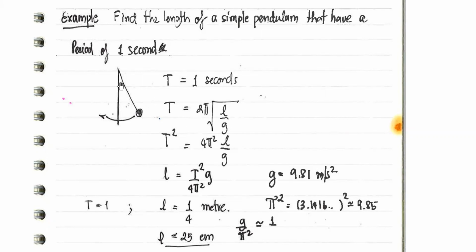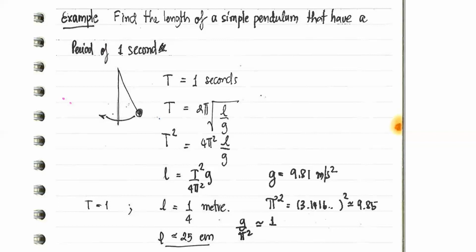A simple pendulum is used mostly in clocks, and they are designed to move back and forth completing a cycle in 1 second, or maybe more than 1 second, depending on how fast you want it to go. But it has a constant rhythm, so they use it as a clock for counting the time.